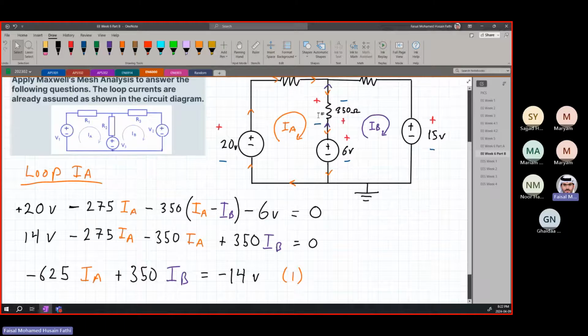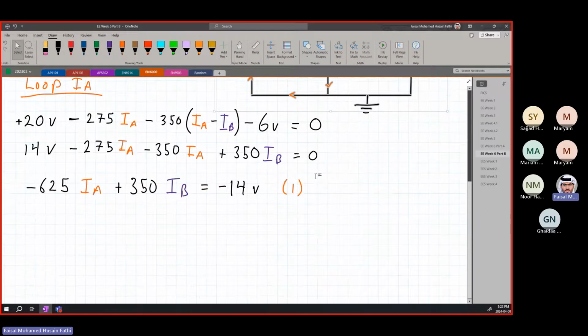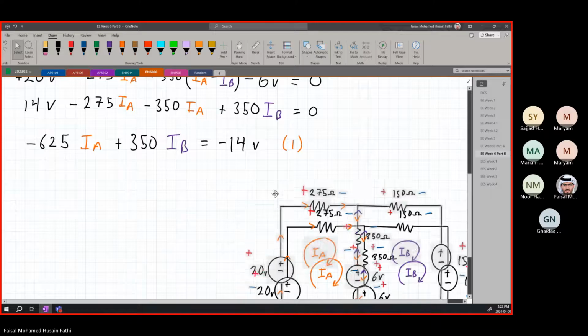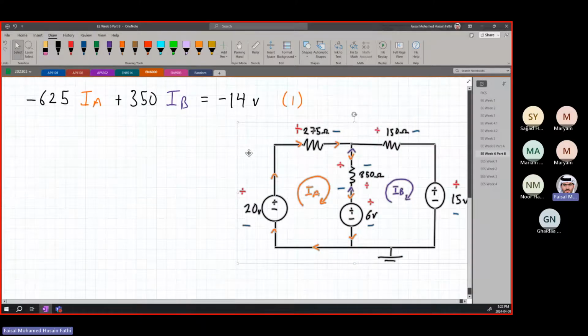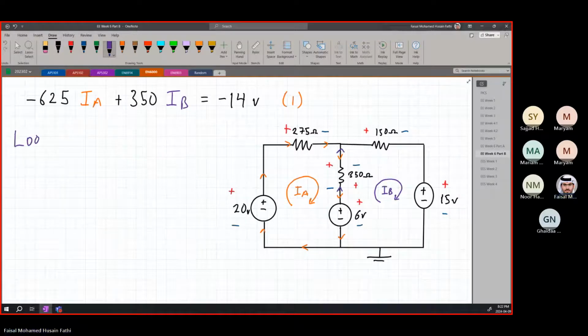Now that we finished the first loop, we're going to look at this again, but from the perspective of the second loop, from IB. All right. So if I bring this down here, so we can just look at it from this side. Again, now we are going to look at it from loop IB.